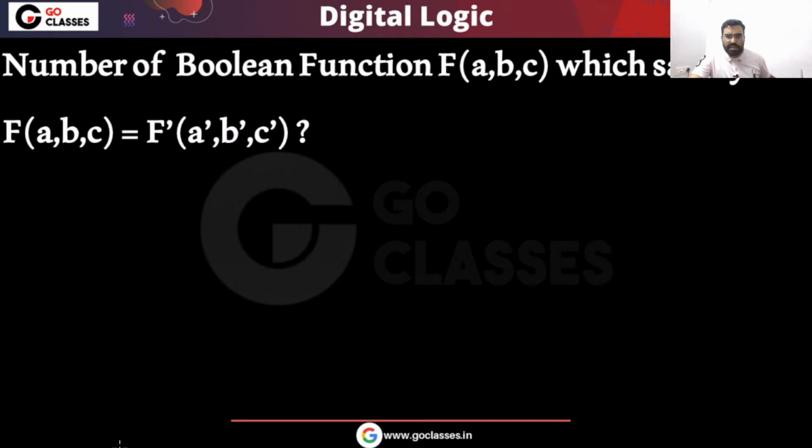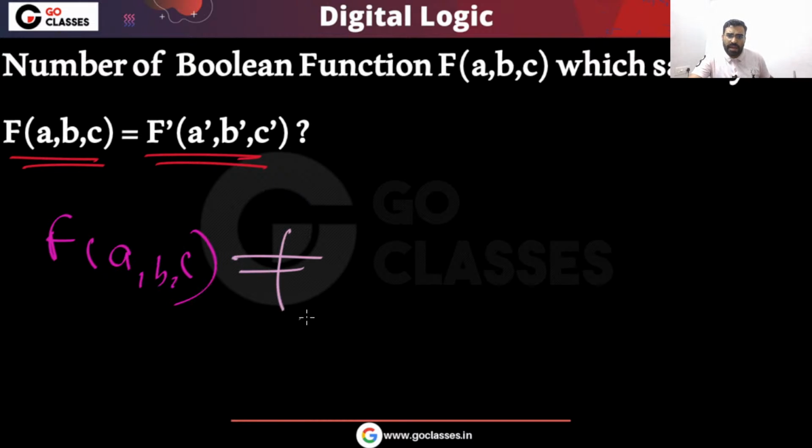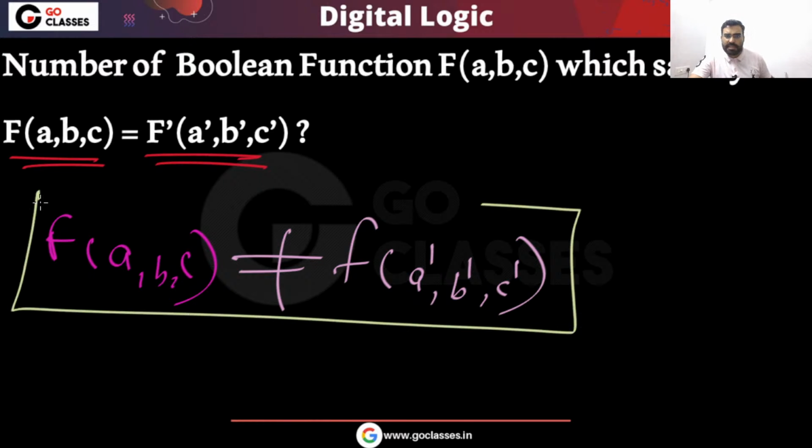Next, what is the answer for this question? Quickly tell me. f(a,b,c) is different from f(a bar, b bar, c bar). What does this mean? This simply means this is your self dual function.